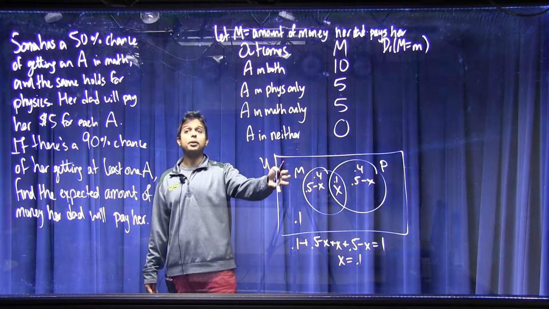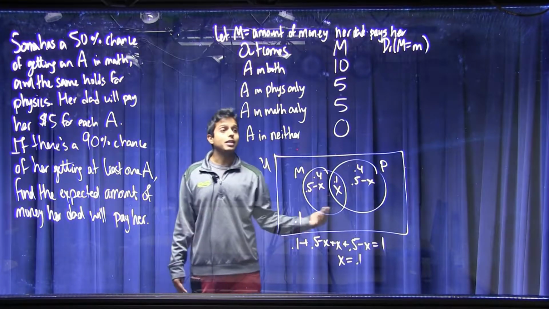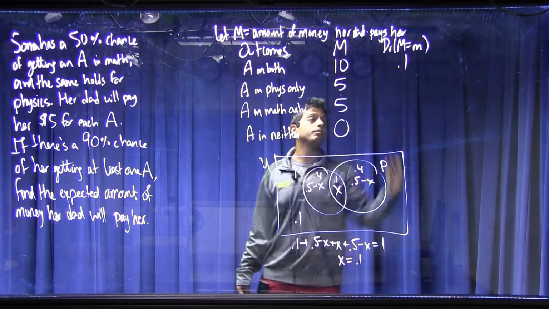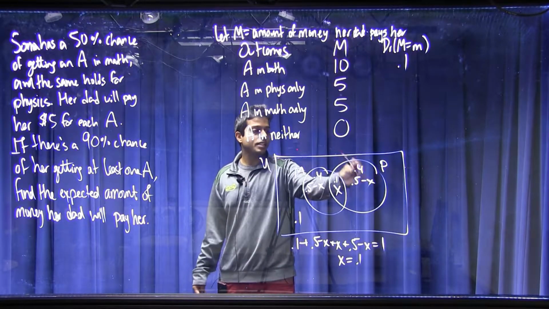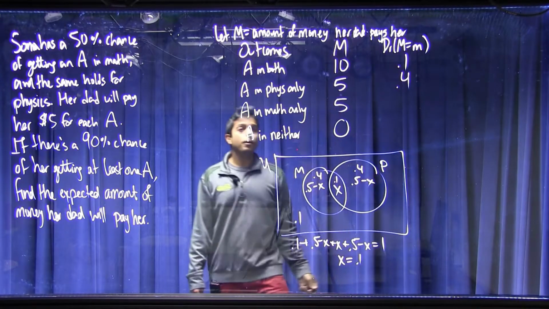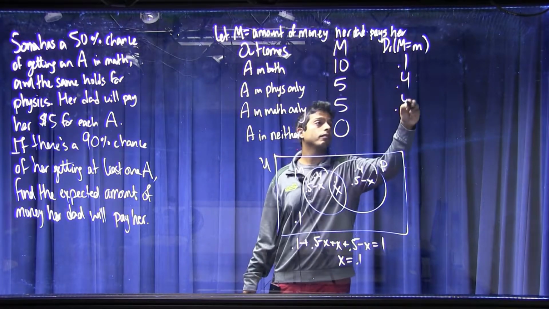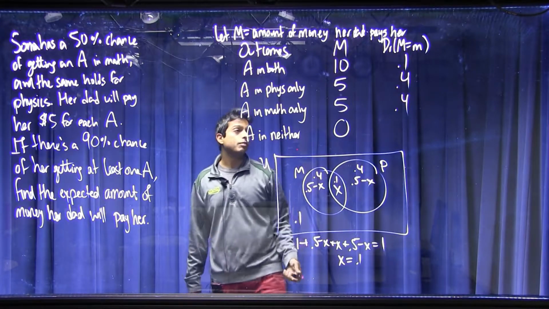And those are all the probabilities we need now to keep filling in this PDF. So the probability that she gets an A in both is the probability of the intersection, which is 0.1. The probability that she gets an A in physics only, well, that's this area, so that's 0.4. The probability that she gets an A in math only, well, that's this area, that's also 0.4. And the probability that she gets an A in neither is the outside area, that's 0.1.